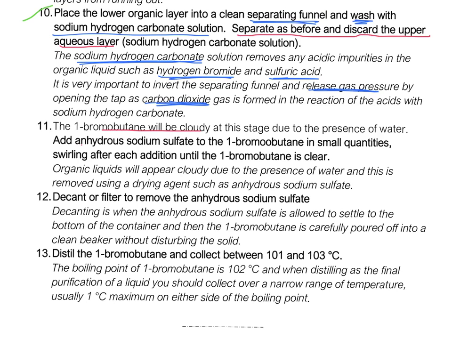Something we can use is anhydrous sodium sulfate. We don't want to add too much, but we can add a little bit, and that will absorb our water. We add it in small amounts until the 1-bromobutane is clear.